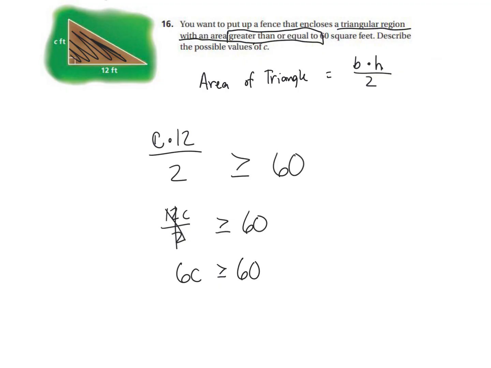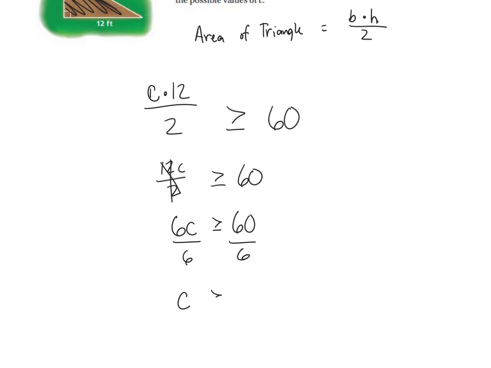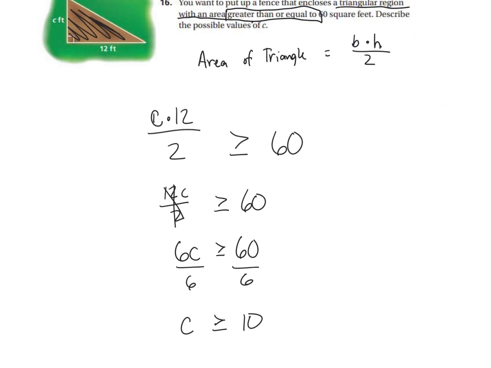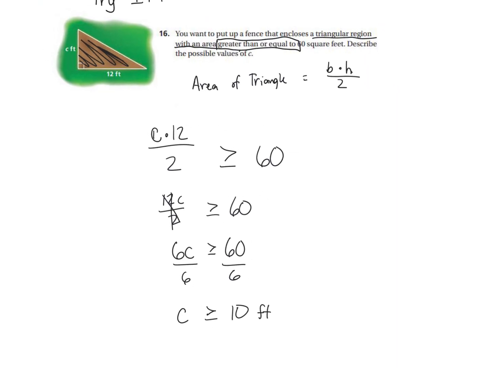Okay. From here, right, to get C by itself, I'm just going to divide by 6, meaning my base of my triangle has to be at least 10 feet.